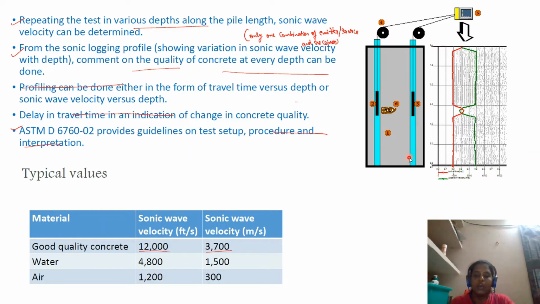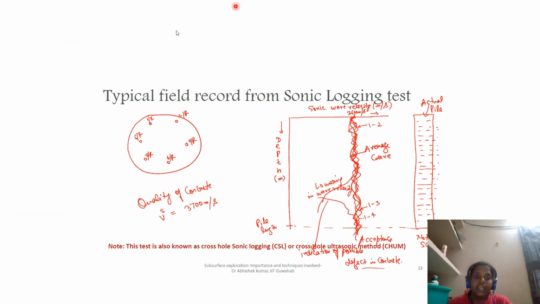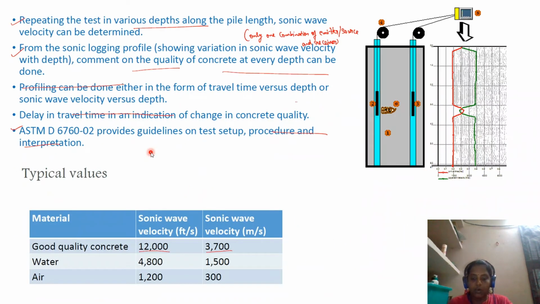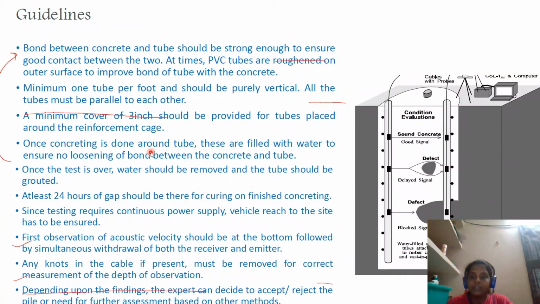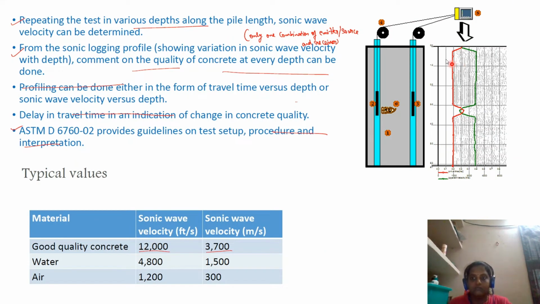Sometimes in a different configuration, we can have one emitter and different receivers around it in a circular form, so it's up to us how we set it up. The emitter gives a signal, and if it is received by the receiver without any defect, you'll have a clean curve.